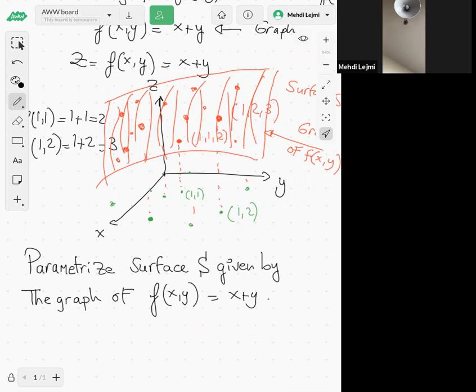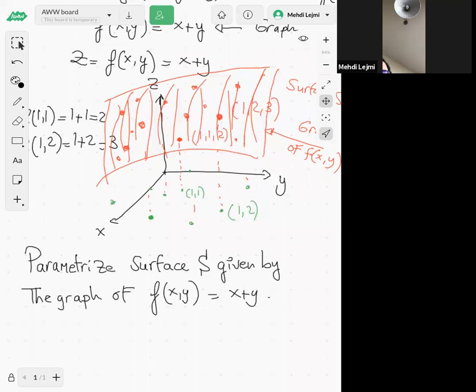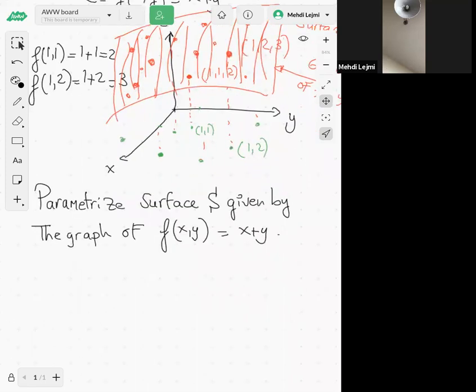So what we can do, guys, the simplest parameterization of such a surface, a surface given by the graph of a function f, is to say my x coordinate is equal to u. Remember, you want to parameterize, so you're going to need two parameters. The restriction here is that f of xy will be your z coordinate. So z is equal to f of xy.